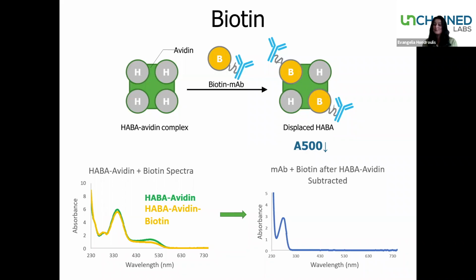Now, the Homebrew application in the Stunner can provide us a unique application designed specifically for this one experiment. We can create an application in Homebrew and have it saved for future uses. So in short, we used Homebrew to define the HABA-Avidin as our blank, and we subtracted the HABA-Avidin-Biotin spectra from that, and thus we were able to get the antibody concentration.